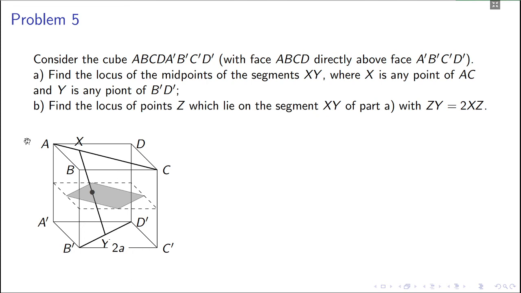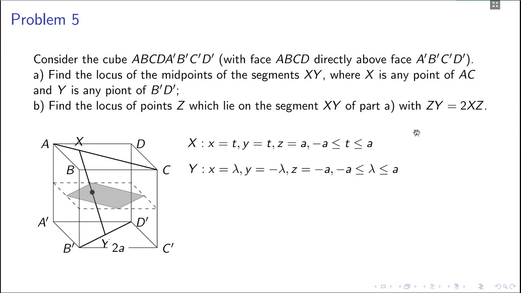All right. So then there's part B. It says find the locus of point Z, which lie on the segment XY of part A with ZY equal to 2XZ. Again, you have this parametric form for X and Y, and Z now is such that twice of ZX will be equal to ZY.